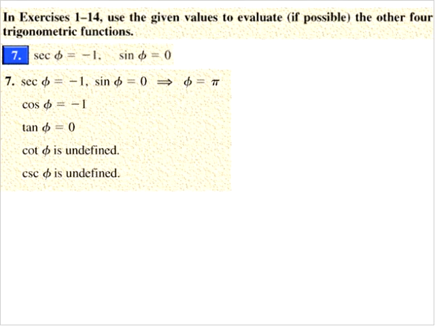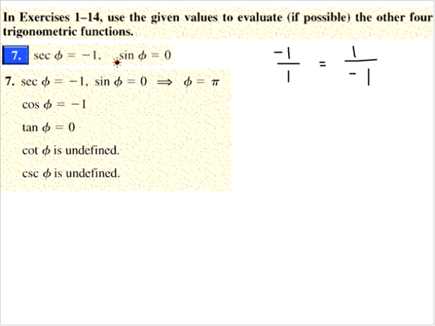Secant is -1. And remember, secant is the same thing as 1 over cosine. So if we have -1 for secant, to find cosine, we need to take that reciprocal. The reciprocal of -1 over 1 is 1 over -1, so cosine is still -1.